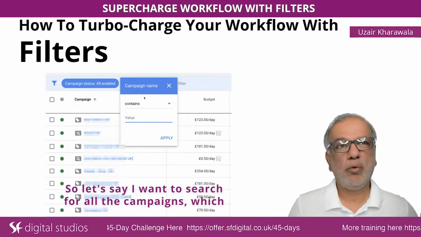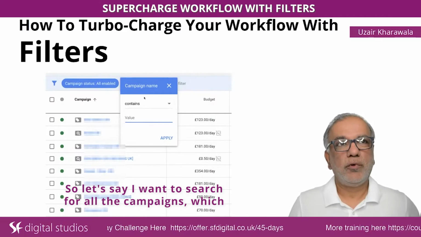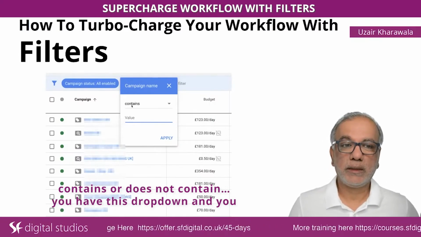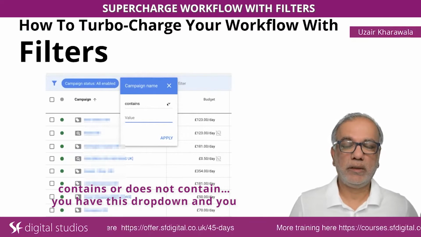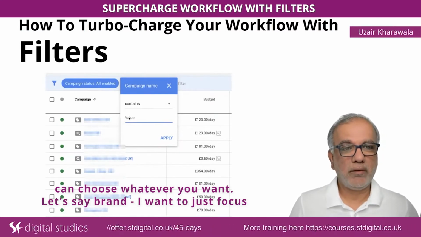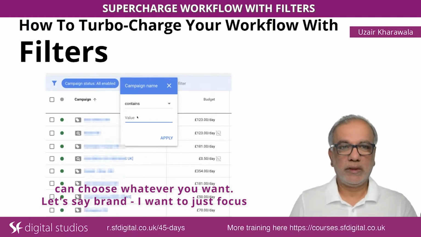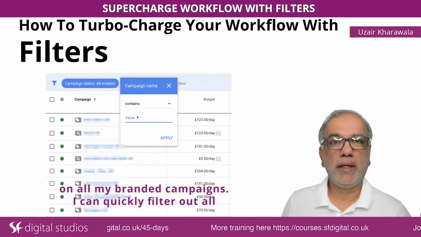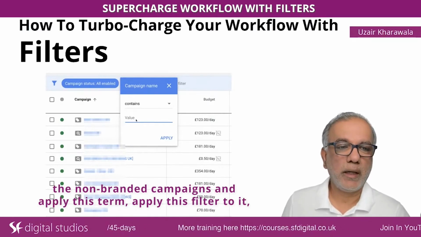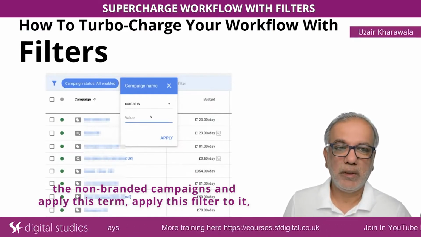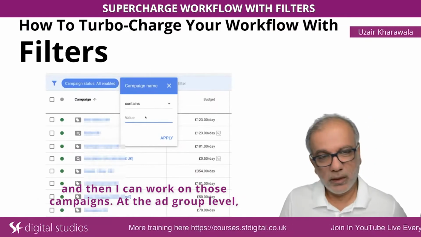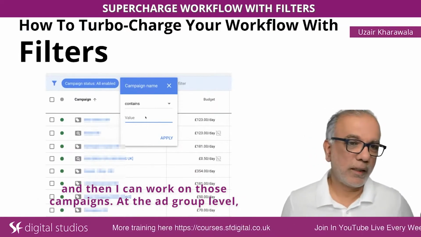So let's say I want to search for all the campaigns which contain or do not contain. You have this drop down and you can choose whatever you want. Let's say brand. I want to just focus on all my branded campaigns. So I can quickly filter out all the non-branded campaigns and apply this filter to it, and then I can work on those campaigns.